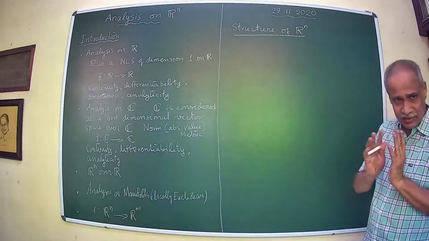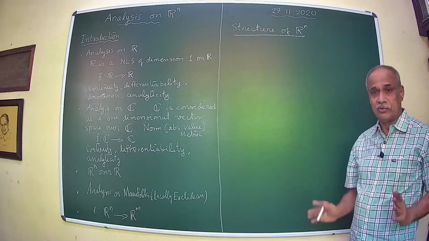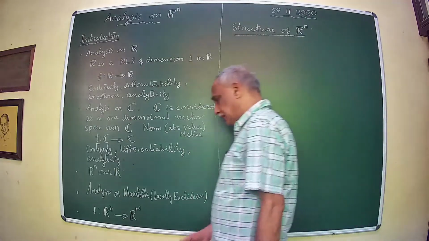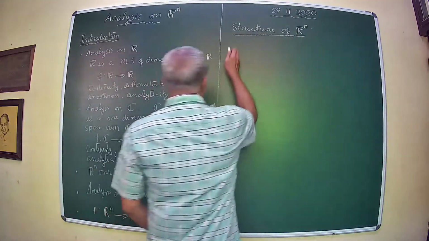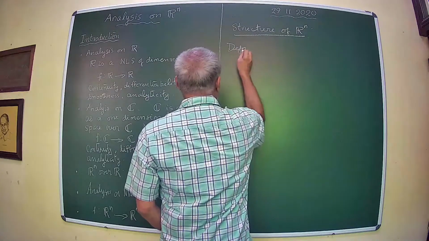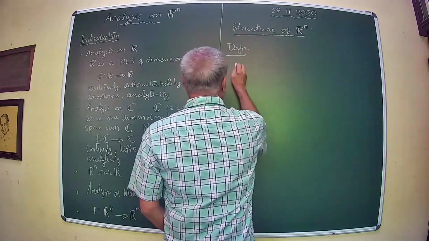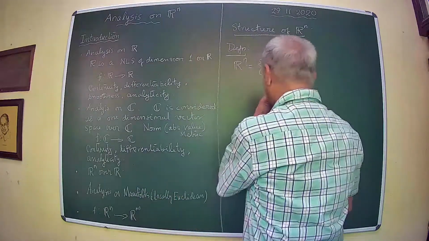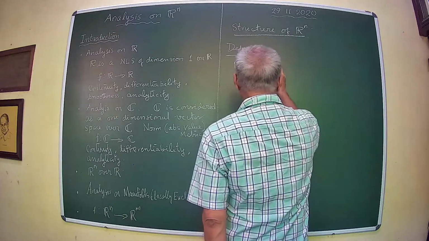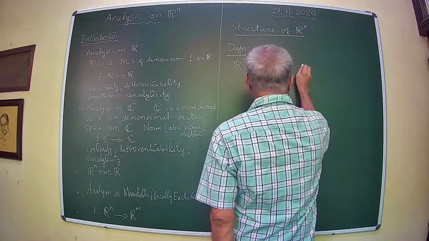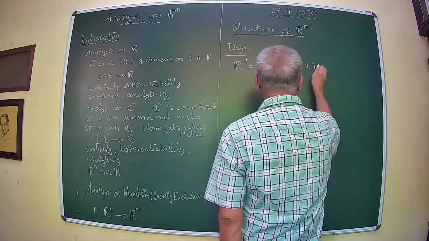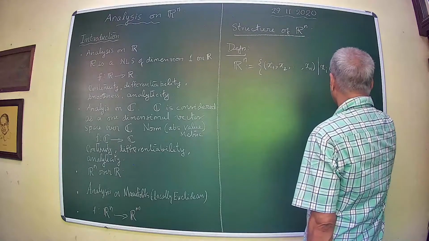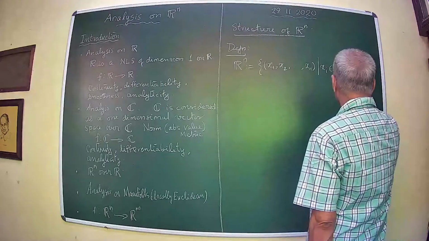Then we look at the generalizations into a more general space like Rn. So that's what we are doing. So we start with the definition of Rn. Rn we define as the set of all n-tuples x with xi belonging to R for i equal to 1 to n.